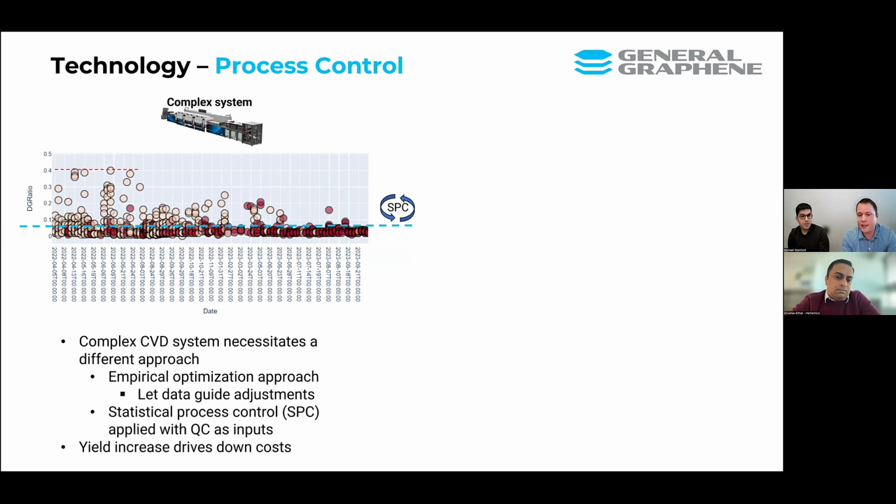Generally, we let the data guide our adjustments. This figure shows extracted D to G ratios for our production material as a function of time, and this plot represents hundreds of thousands to millions of individual Raman spectra. What you can see is, going back in time, we might have a little more deviation in the properties of our material.